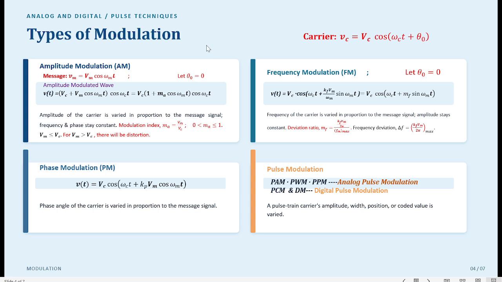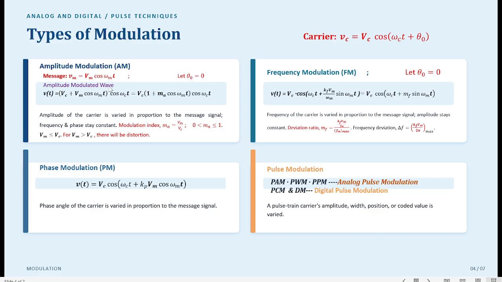Now here I have listed the types of modulation. The first one is amplitude modulation, for which the message signal can be represented by the equation small vm equals capital Vm cos omega m t. Here omega m is the angular frequency of the modulating signal, and capital Vm is the amplitude of the modulating signal, where we have considered the initial phase of the signal to be 0.